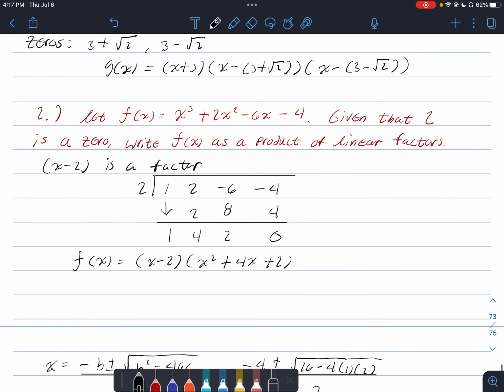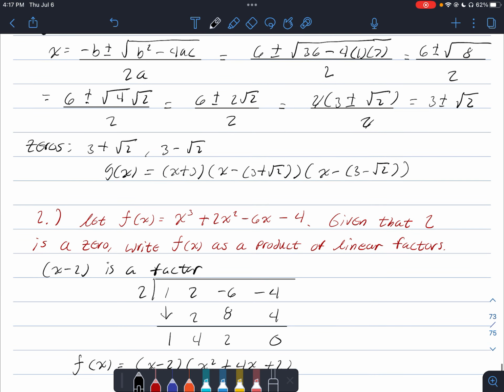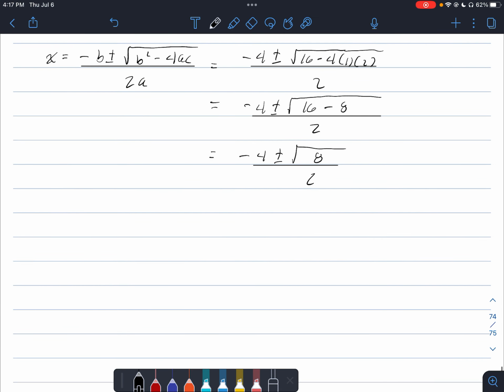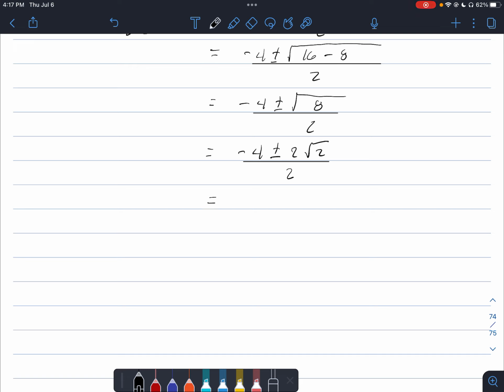over 2. And we just did this a second ago. Yeah, square root of 8. So we have 2 root 2 is how that'll simplify to. So we have -4 plus or minus 2 root 2 all over 2. And again, we got that from our last problem. We just did the square root of 8 in our previous example. So we can pull a 2 out, and we'll get -2 plus or minus the square root of 2 over 2.